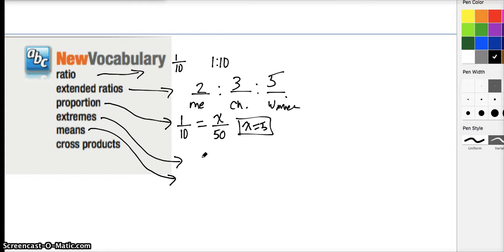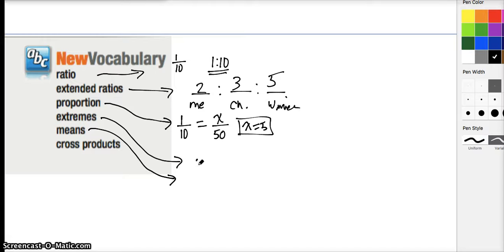So remember when I mentioned that a ratio can be written in 2 ways. So if I wrote a ratio as a fraction or a ratio with this colon here, I could write a proportion. Remember, a proportion is when I said 2 ratios equal to each other like this.